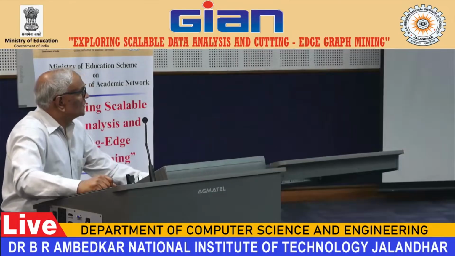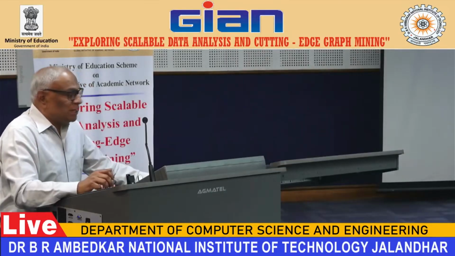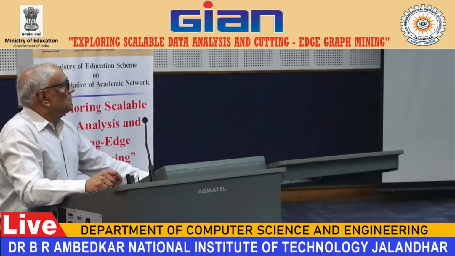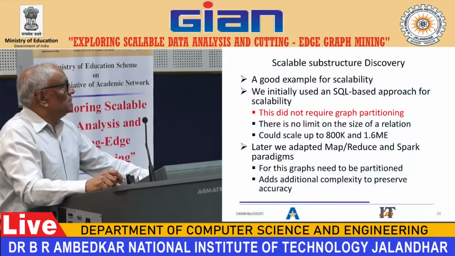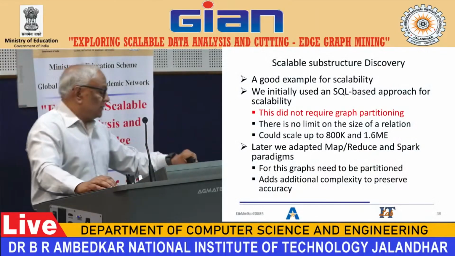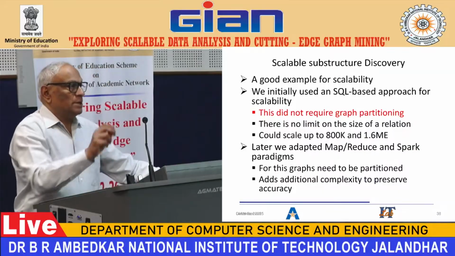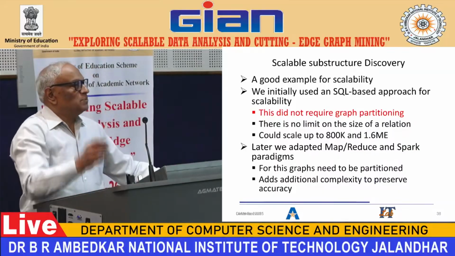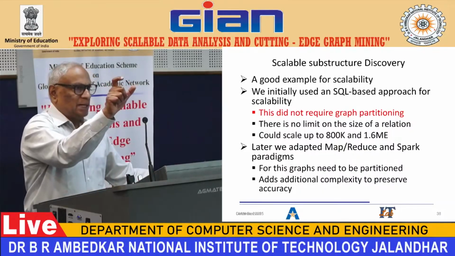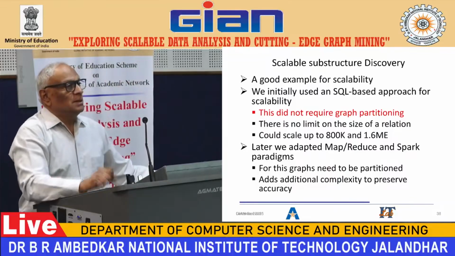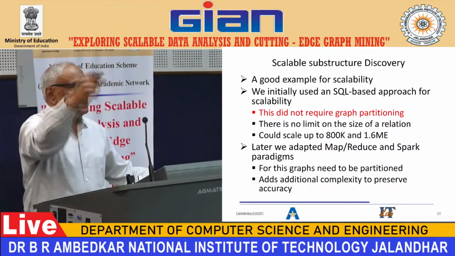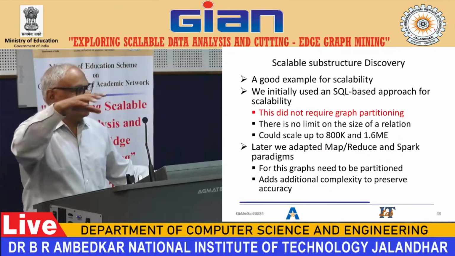So scalable substructure discovery: what we did was we took this main memory algorithm and initially we put it into a DBMS. This is what I was saying, when you try to represent a graph in a DBMS, it's very awkward because it's a tabular representation. How do you represent a relationship? So we represented each edge as a row, as a tuple: source vertex and the destination vertex, source label, destination label, edge label.